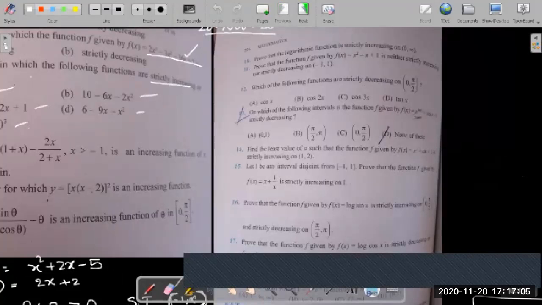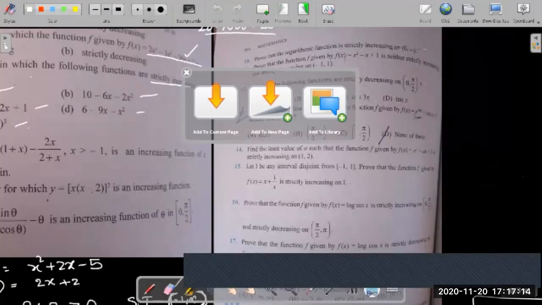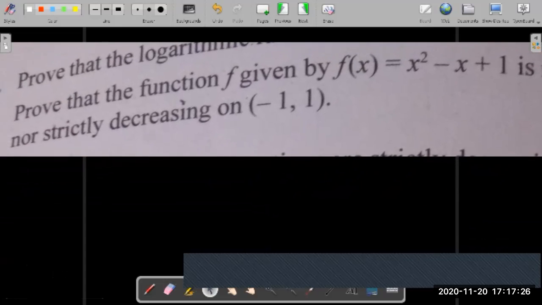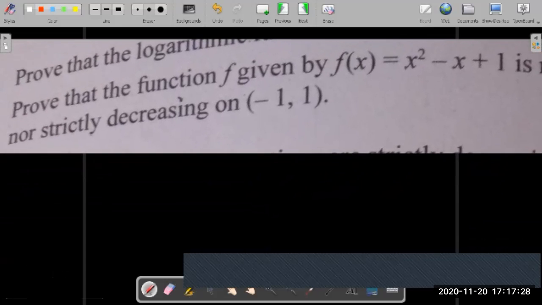So I take this question and add it to a new page. f of x is this. This is what we are trying to see.